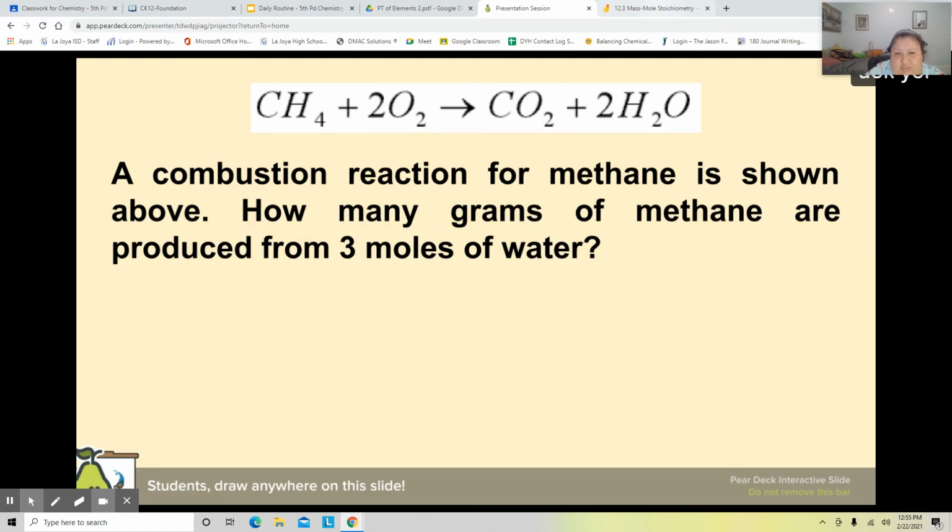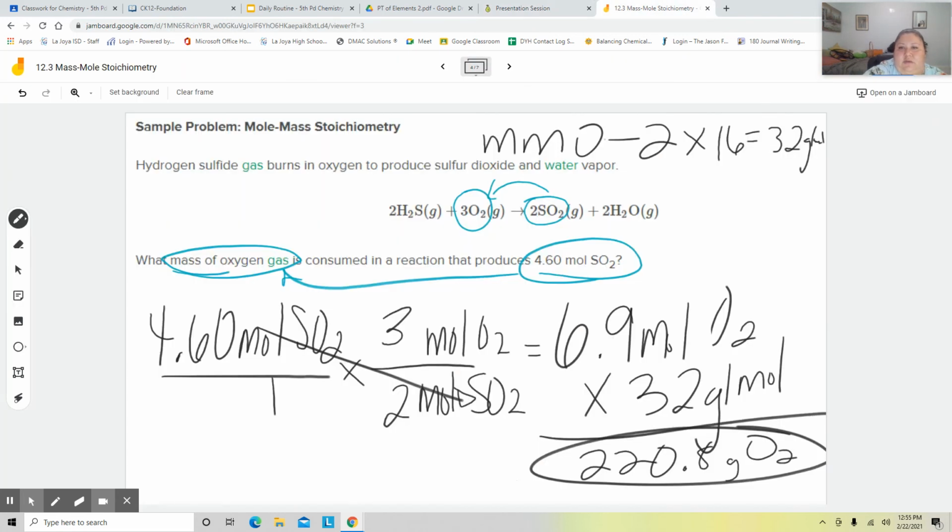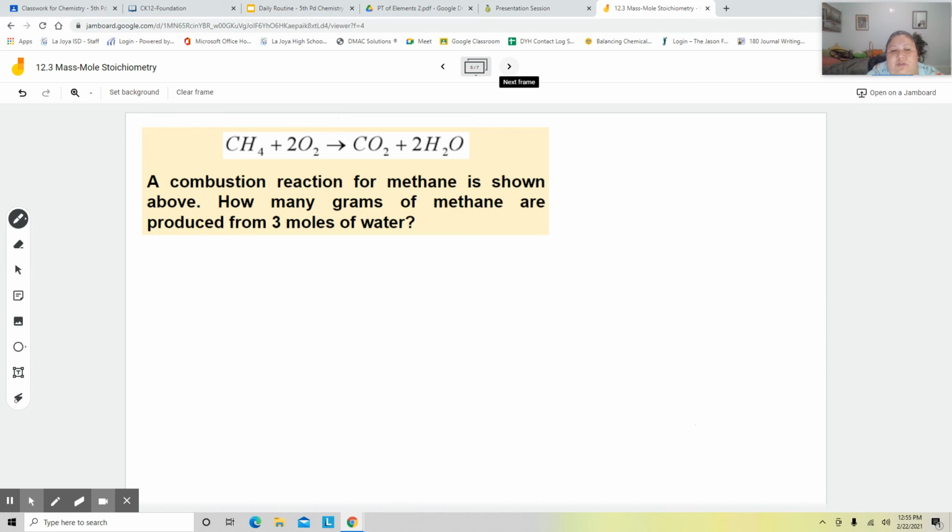Your last pair deck question is about the combustion reaction of methane. And it's asking how many grams of methane are produced from 3 moles of water. Okay. So here's our 3 moles of water. Right? So let's circle everything that we need. Moles, we need to change it to grams. This is methane, this is water, and I'm actually going this way.